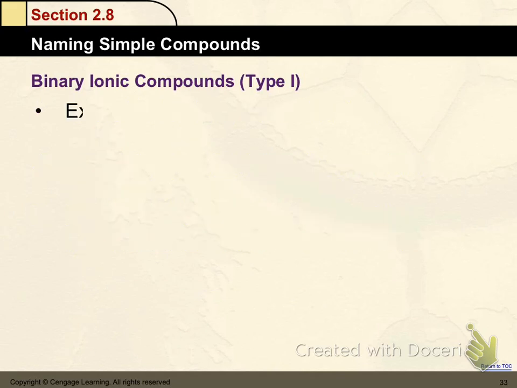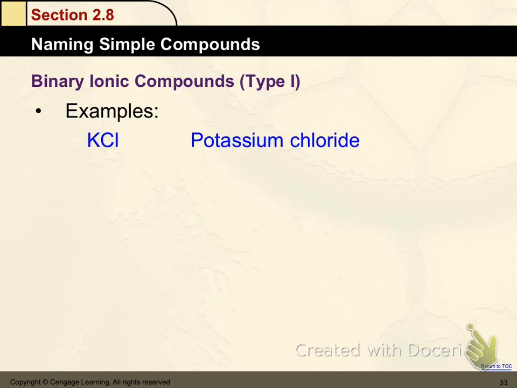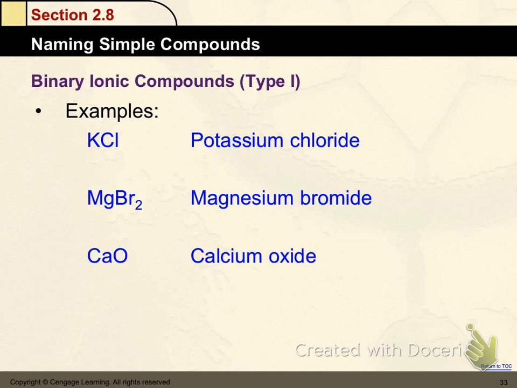Those are the rules; let's give some examples. KCl is potassium chloride. Notice that the K, potassium, doesn't change, but chlorine does. The change comes in the suffix, "-ide", I-D-E. Two more examples: magnesium bromide and calcium oxide.